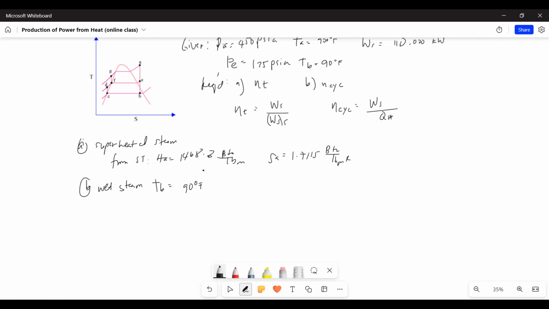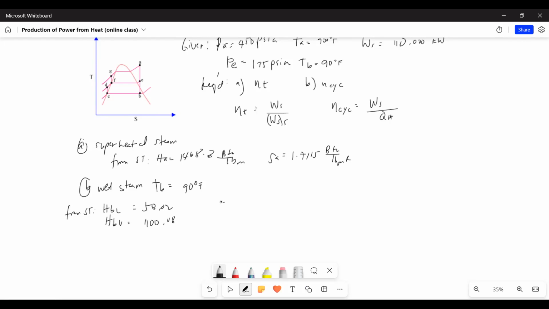So we try to read the values of HBL and HBV. HBL is, from the steam table, 58.02 BTU per pound mass and HBV is 1100.08 BTU per pound mass.